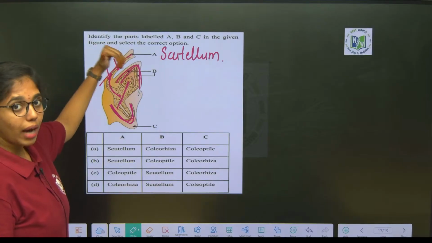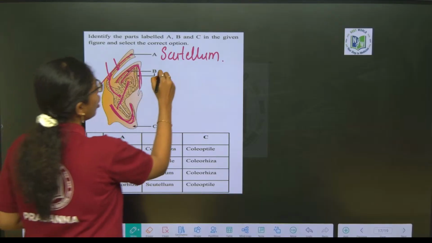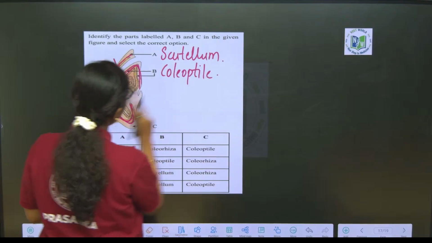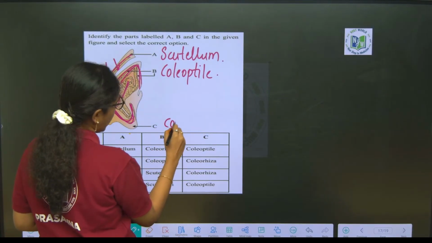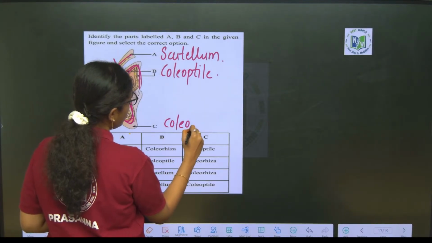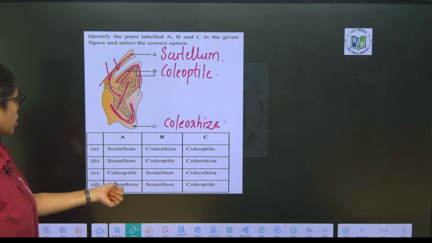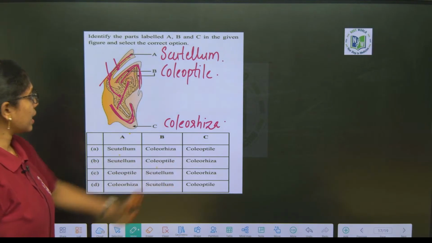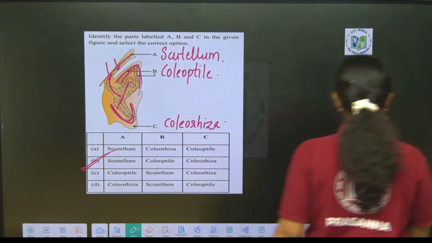Covering the plumule you have a protective sheath called coleoptile, and a protective sheath covering the radicle, this is coleorhiza. Fine. A is scutellum, B will be coleoptile, C is coleorhiza. Option B is the right answer.